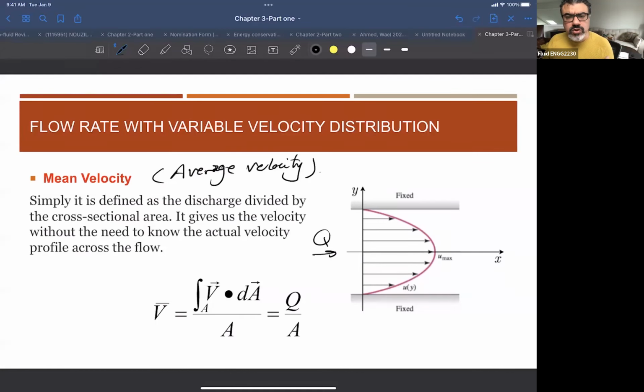When you have a variable quantity and you need to get the average of this quantity, you integrate over the whole area, and then you divide by the total cross-sectional area. So this will be the integration of the velocity times dA, divided by the total cross-sectional area.